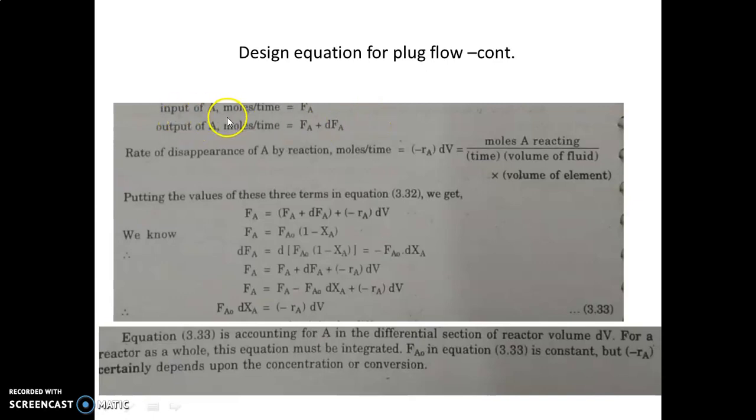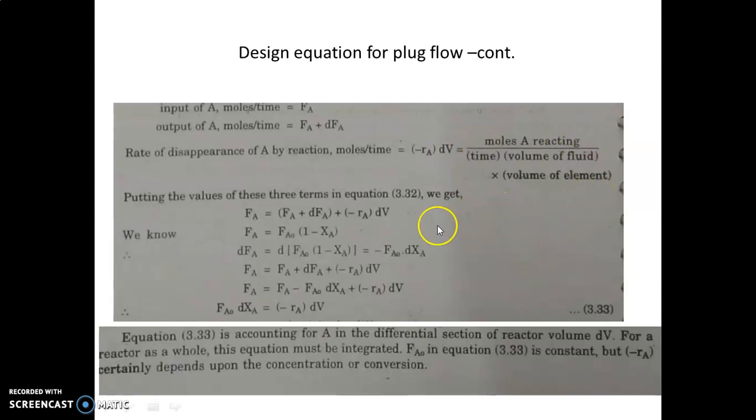Input of A in moles per unit time is equal to Fa. Output of A in moles per unit time is equal to Fa plus dFa. Then the rate of disappearance of A by reaction is given by minus Ra into dV.